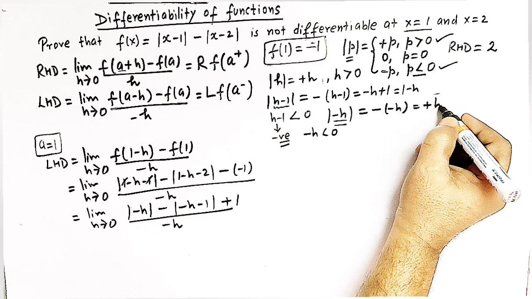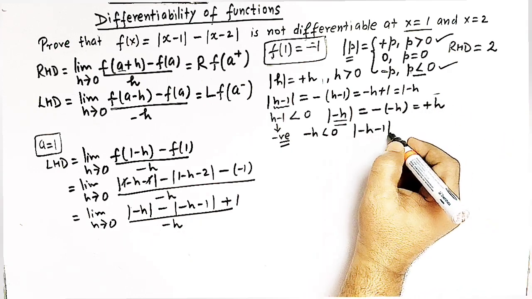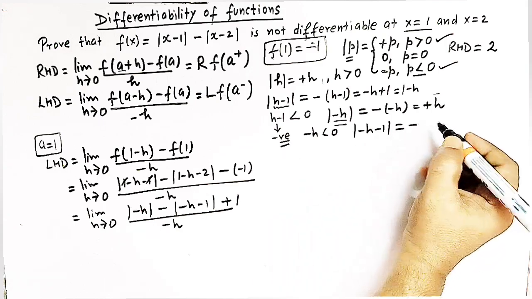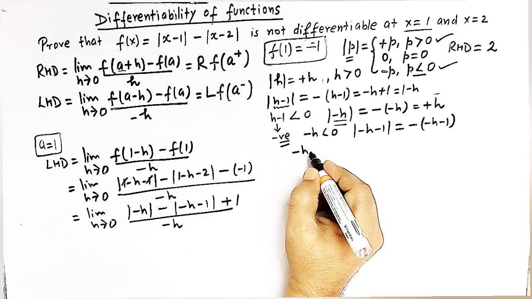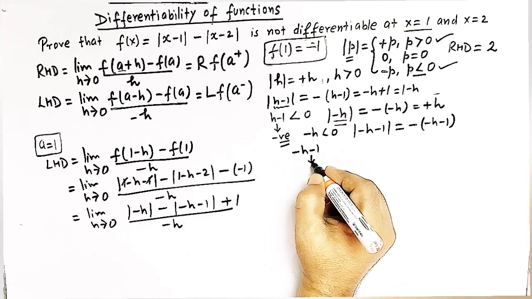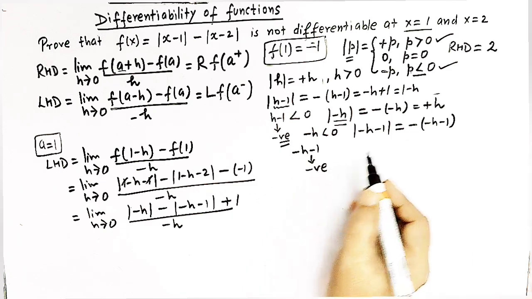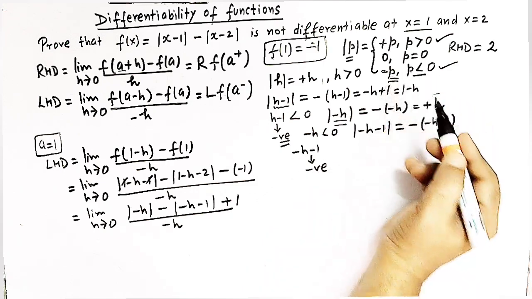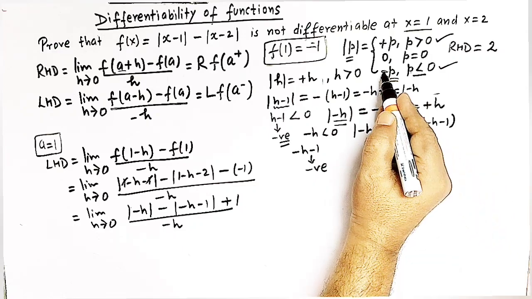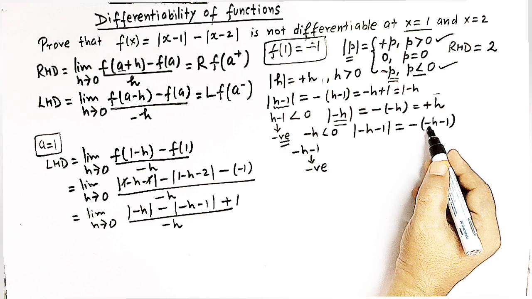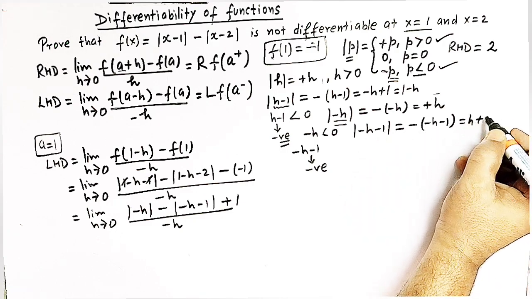So this is plus h. And similarly here mod of minus h minus 1 is given by negative of minus h minus 1, because this quantity, that is minus h minus 1, is a negative quantity because here h is positive, right? So again, due to this definition, we have mod of minus h minus 1 is negative of p. P is minus h minus 1. So here we have plus h plus 1.